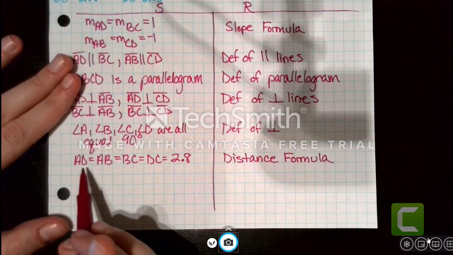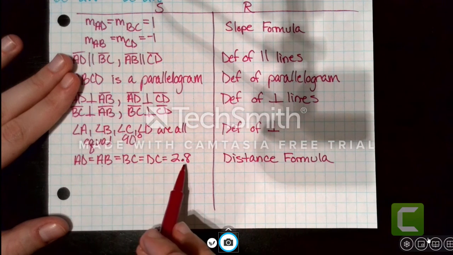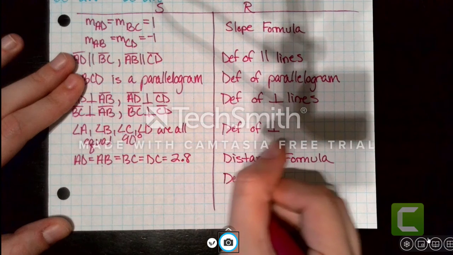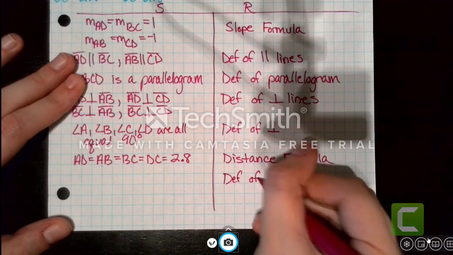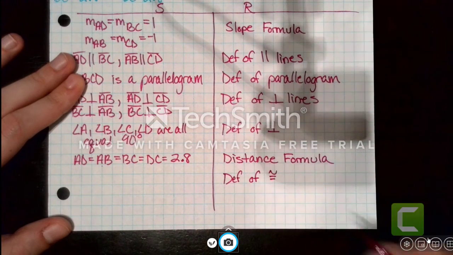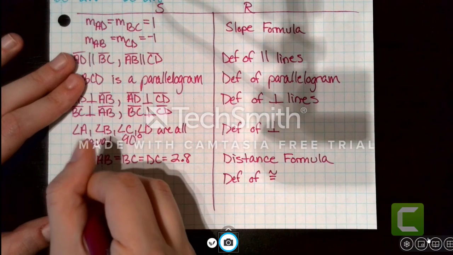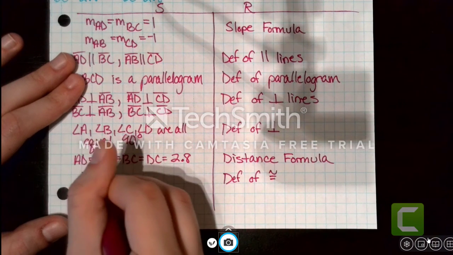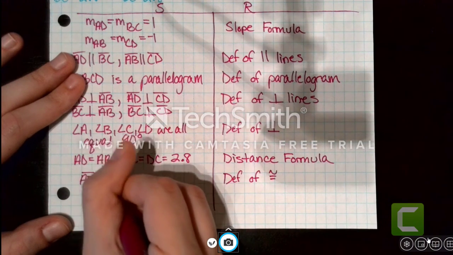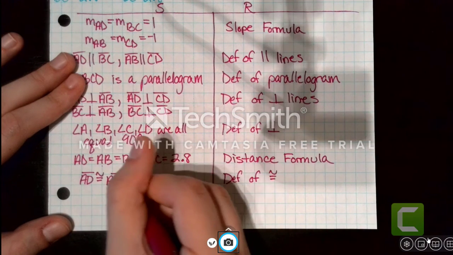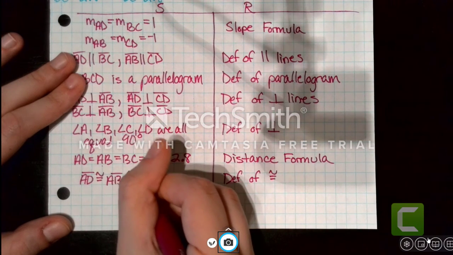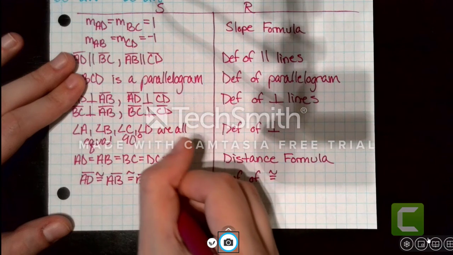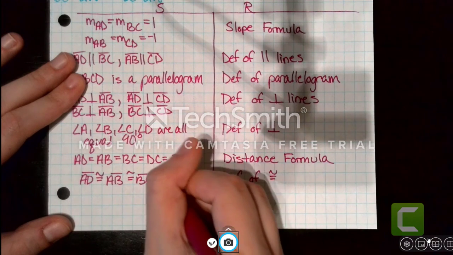Since we've proven that all four sides have an equal measurement of 2.8, by the definition of congruence, we can claim that side AD is congruent to side AB, which is congruent to side BC, which is congruent to side DC.